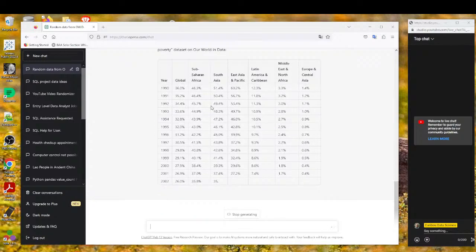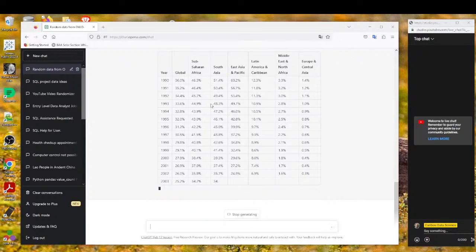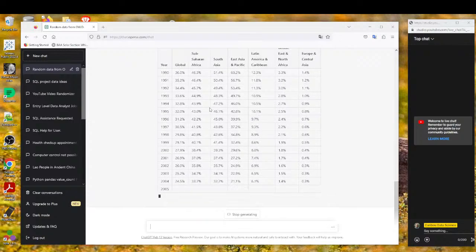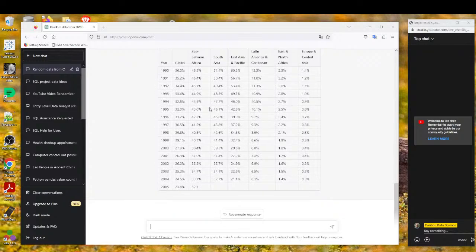Now, what's interesting about this is we should be able to actually copy and paste this data directly into an Excel spreadsheet. Now, ideally, this isn't the format we want the table in.